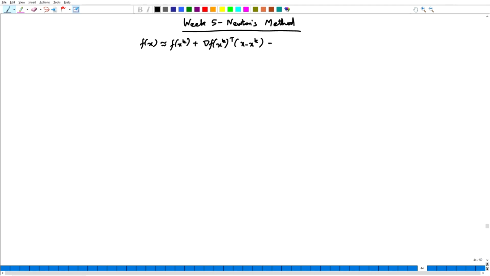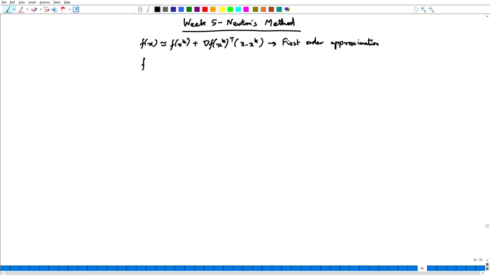What happens if I construct an algorithm with the second order approximation? Okay. So, what is the second order approximation? So, this is the first order approximation of the Taylor series.